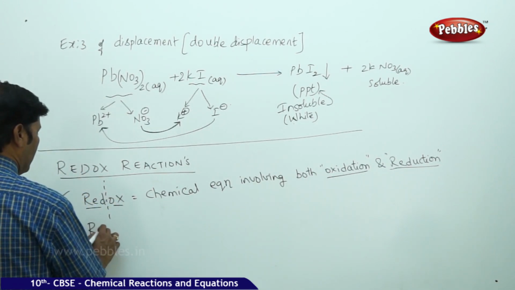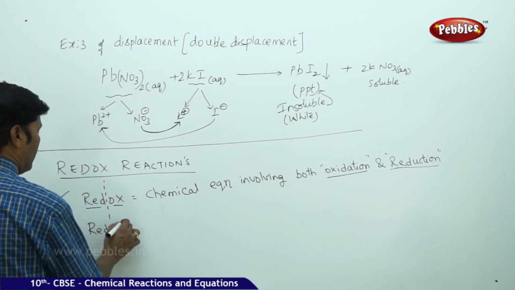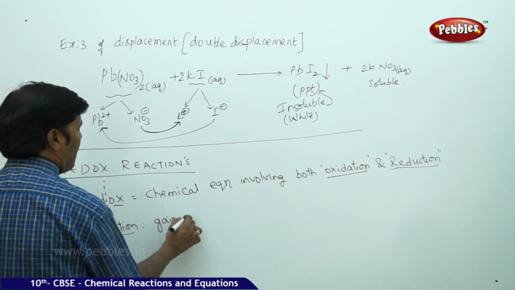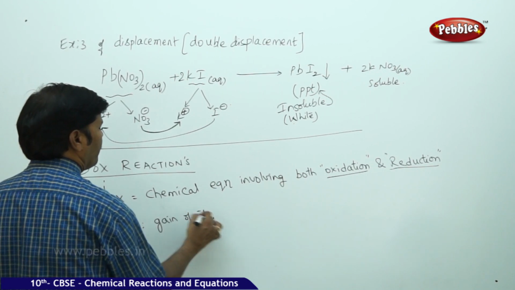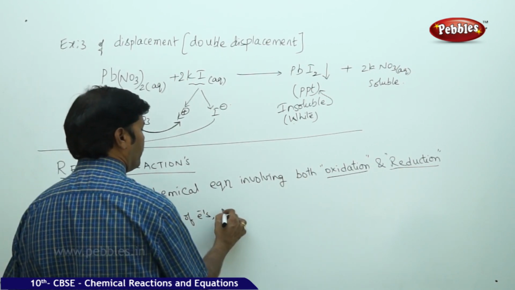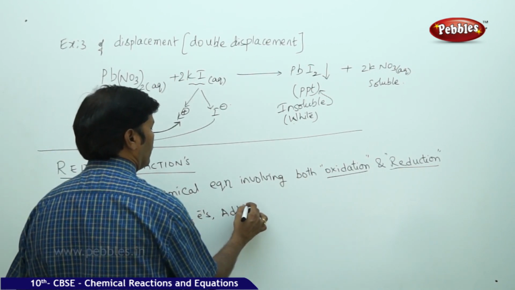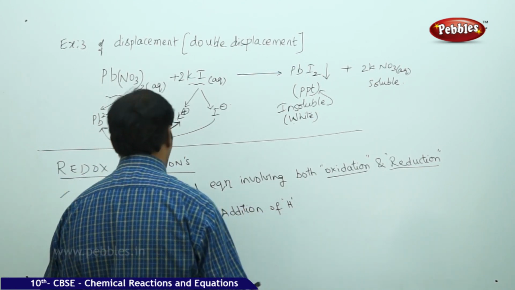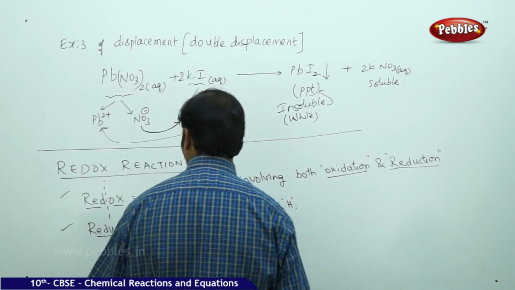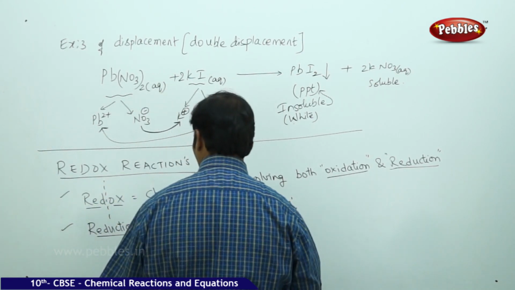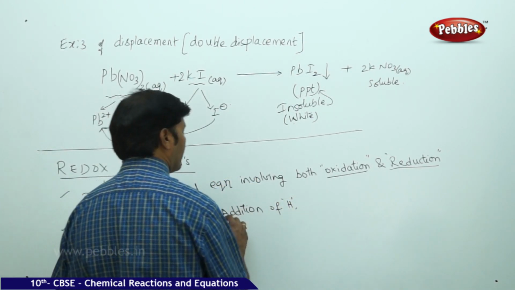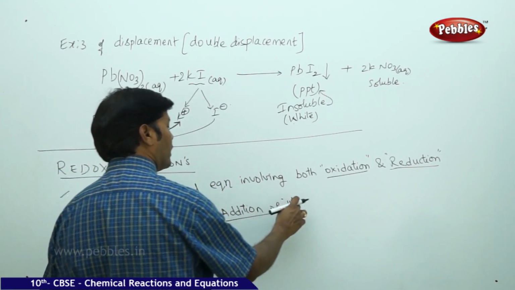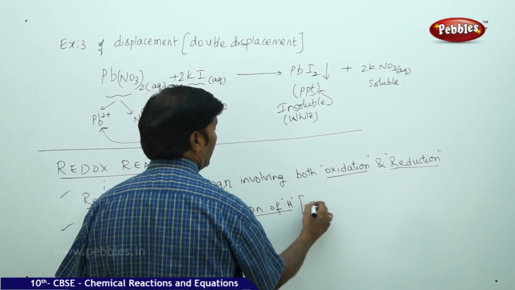Reduction involves gain of electrons, addition of hydrogen. Therefore reduction is sometimes also called electronation.